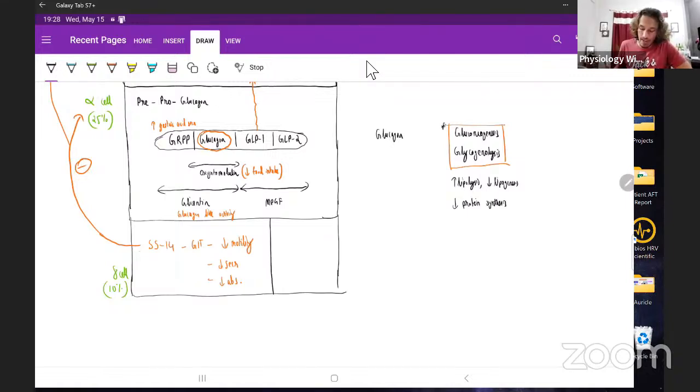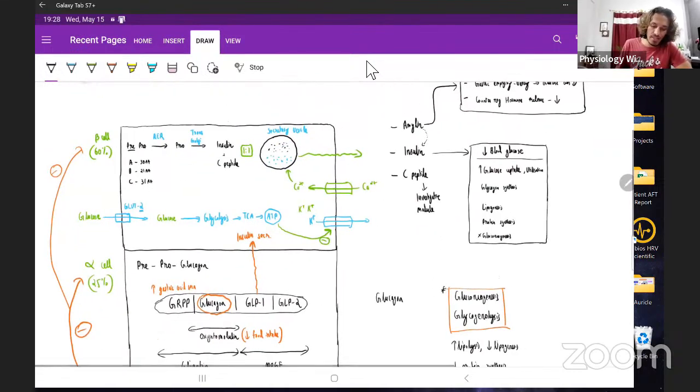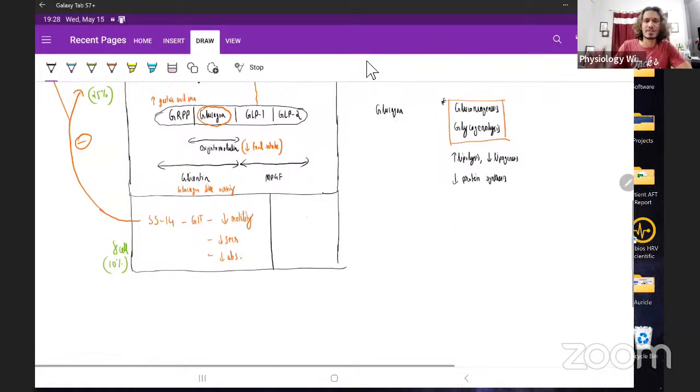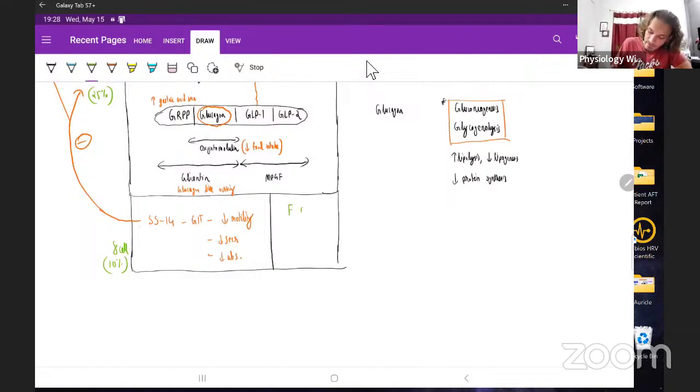Now, if you look at the percentage, 60%, 25%, and 10%, it doesn't add up. So there are still some other cells which are there. One example of that is your F cell, also called PP cell. What does it release?